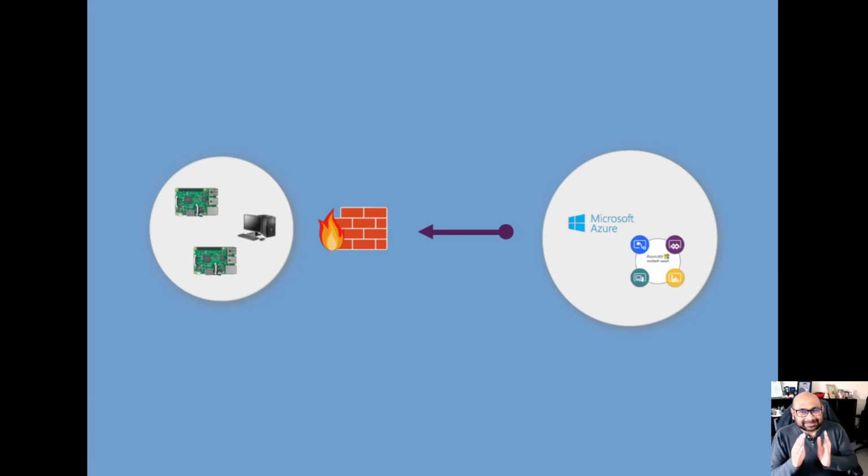The problem with such a setup is that legitimate requirements, for example, connecting your flow or your Power App to your devices in your network, will basically get blocked, and rightly so, because we do not want anyone to take advantage of the fact that you have opened up a port on your network to the world.